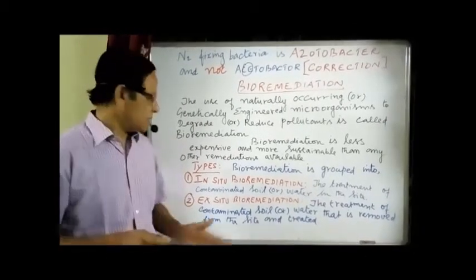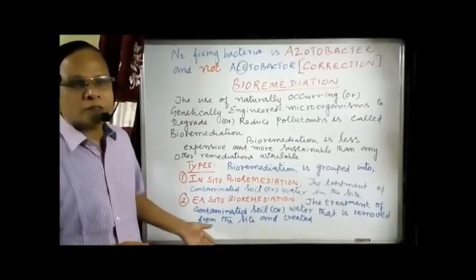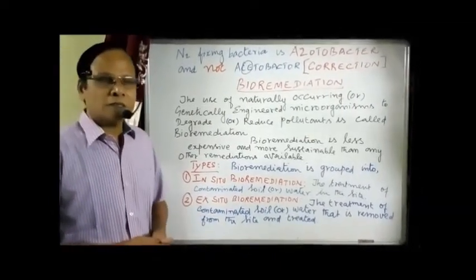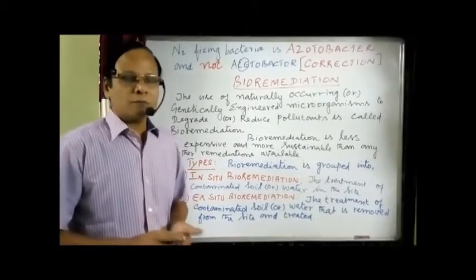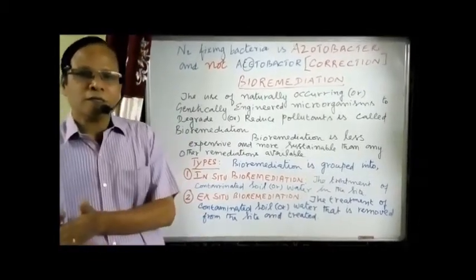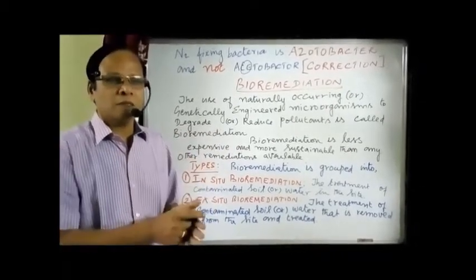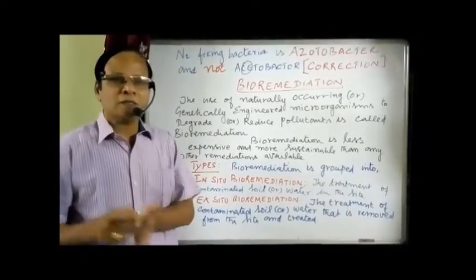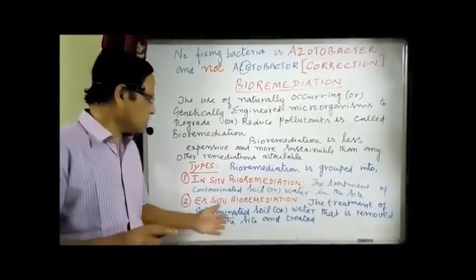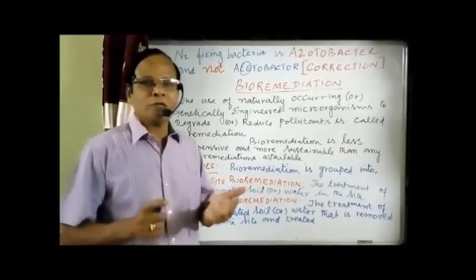Ex situ bioremediation is the treatment of contaminated water or soil that is removed from the site and then treated. It is not treated right there itself. They are removed from that area and treated in some other place. These are the two groups of bioremediation.